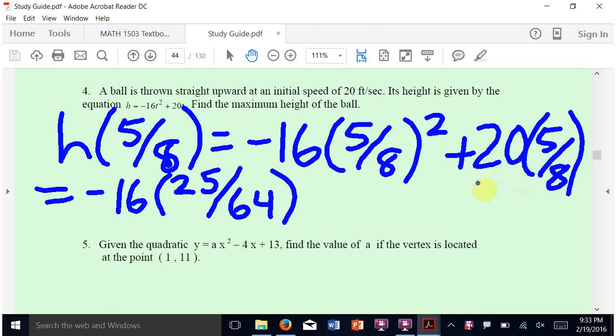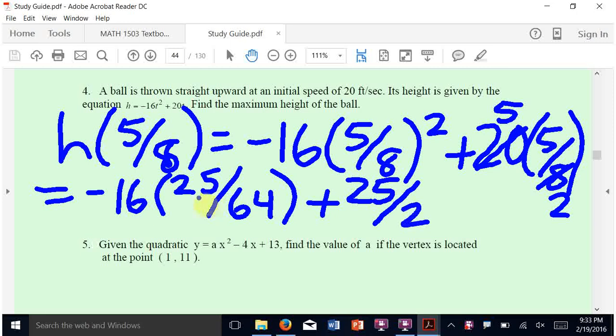And then we can go ahead and multiply 20 and 5/8. We can even make our lives simpler by reducing this 20 and this 8, because 20 and 8 are both divisible by 4. So 20 divided by 4 is 5. 8 divided by 4 is 2. So 5 times 5 is 25/2.